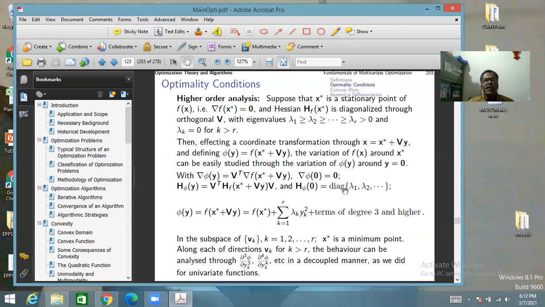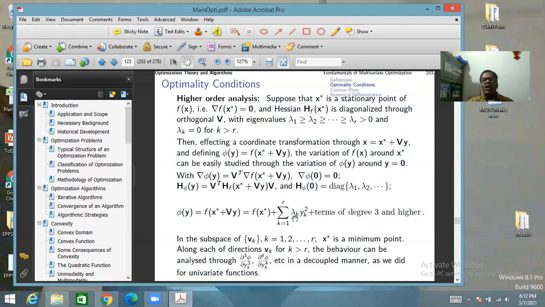Since it is a diagonal matrix, the second order term will turn out to be like this, and only the first r of them are useful. The rest have a zero term as lambda k. Okay, so keep these, and terms of degree 3 and higher.